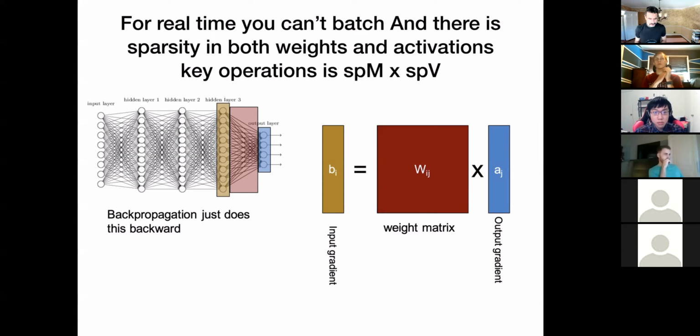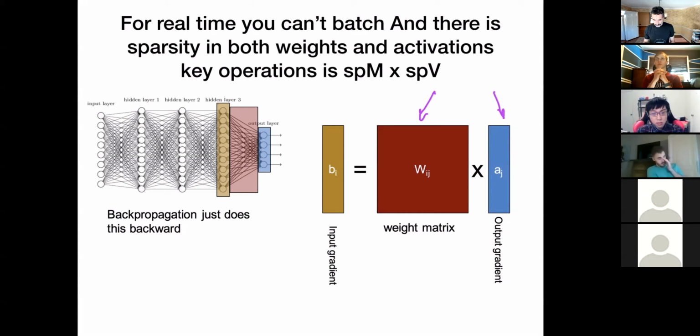But essentially, if you think about it, what you said is true, that the weights are sparse. Actually, both of them are sparse, and let's think about why.